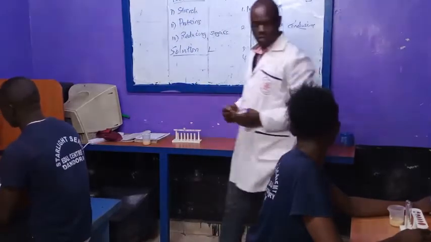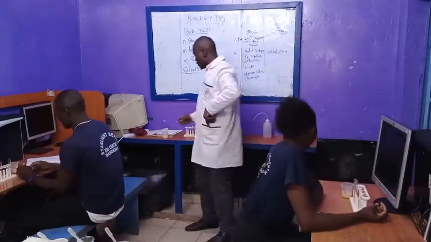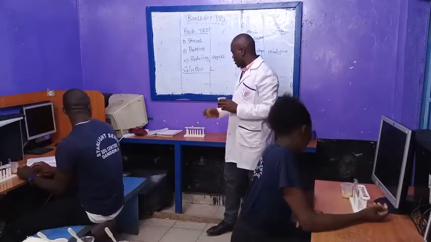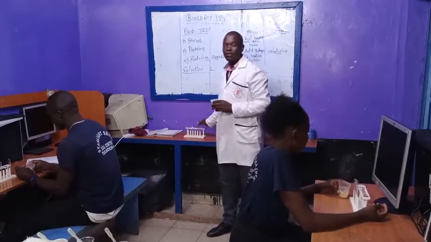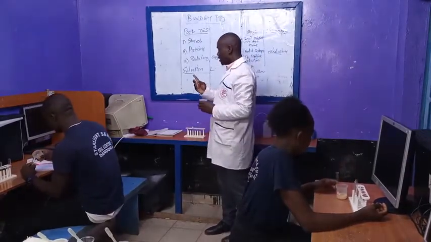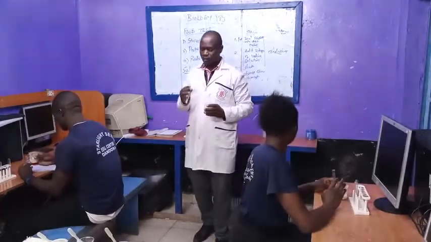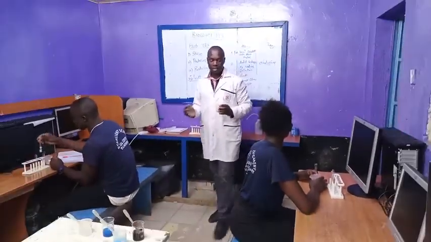So students, I want us to take our solution L, and within the rack that you have, we have 3 test tubes. So you pick 1 test tube. For the purposes of this lesson, the test tubes have already been rinsed and they are clean.